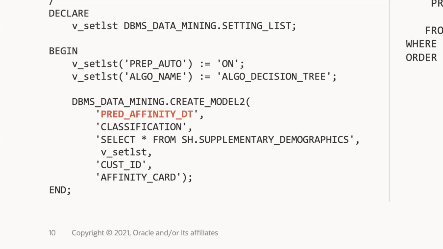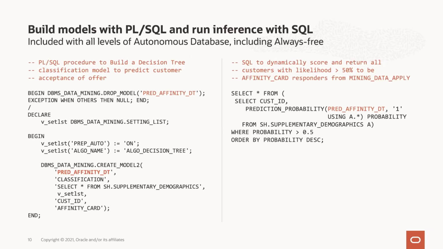Then I have the customer ID, since the data set has a unique ID, and I'm passing that information. Finally, my target. My target in this case is called affinity card, because I'm trying to understand the customers that are actually accepting my offer. So I'm building that model on that data set.